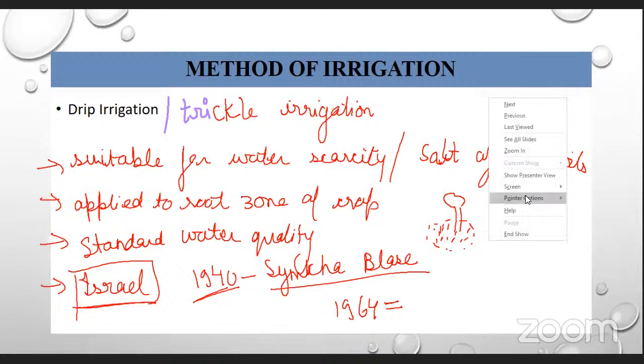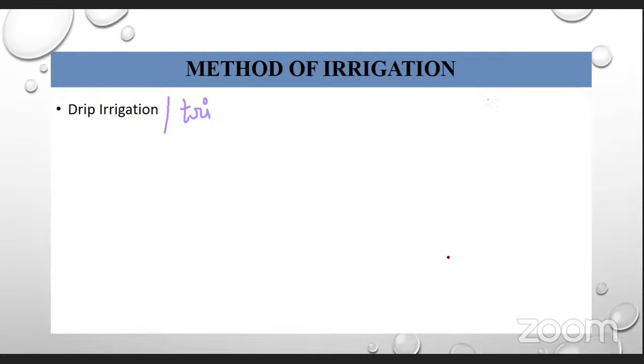Also, in drip irrigation, same as in sprinkler irrigation, we have so many components. One by one we will see what those components are.